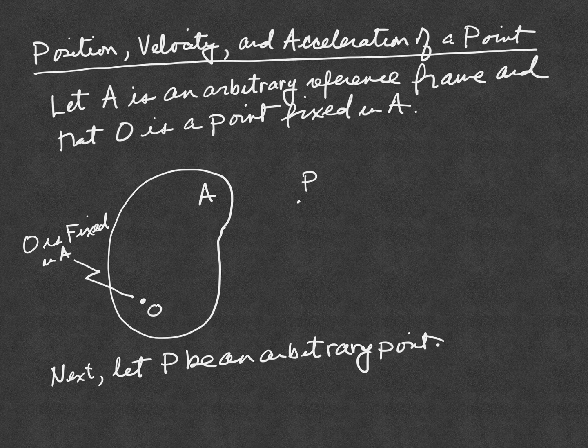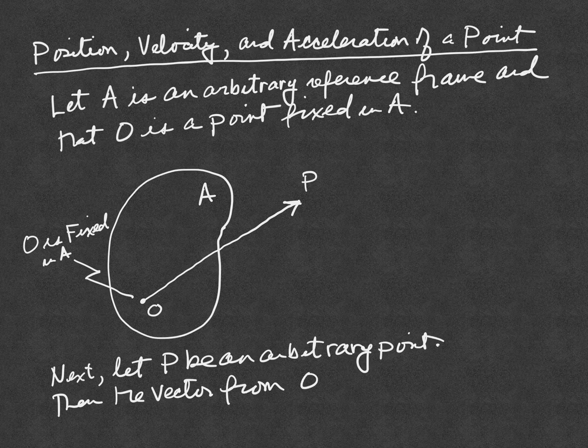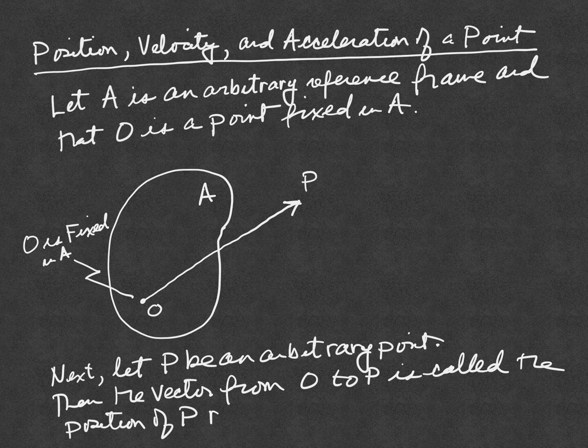Then the position of P relative to O is the vector from O to P. So you say then the vector from O to P is called the position of P relative to O. And we denote that as follows.